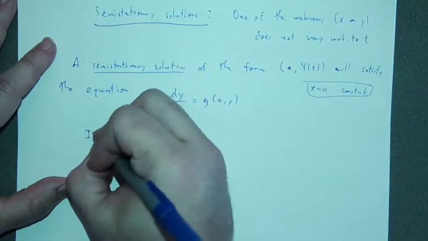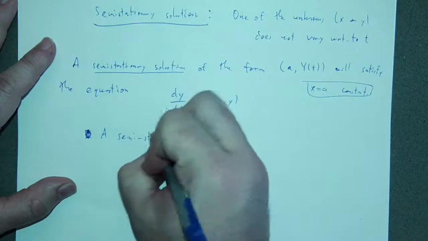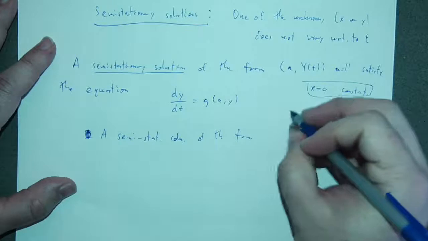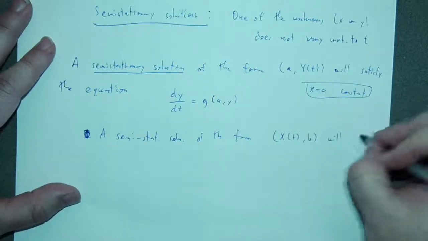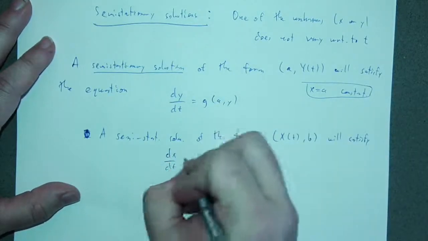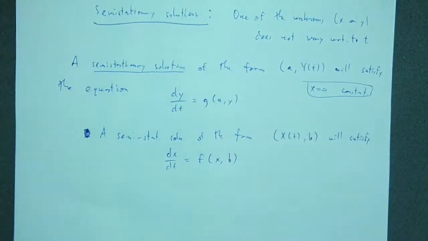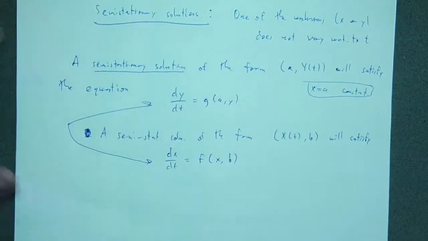A semi-stationary solution of the form x of t equals b will satisfy dx/dt is equal to f of (x, b). What are these, though? What are these equations?